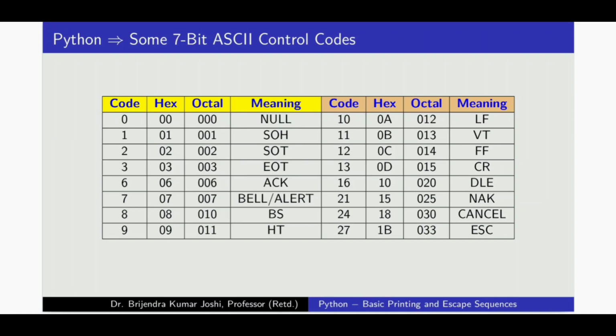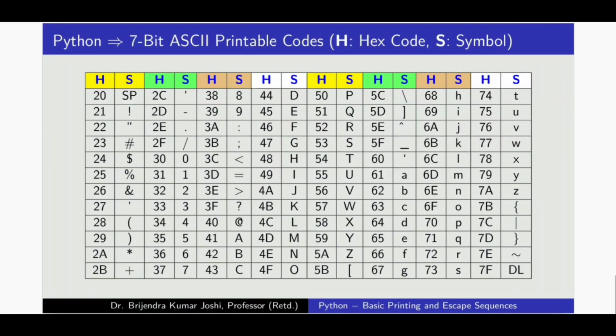Now, 7-bit ASCII printable codes. This is a table which you can find anywhere on the internet, in a number of places. SP stands for space. This is hexadecimal, just to save space. I have not shown the octal equivalent, which you can find out yourself. Now you can pay attention. 30 is the 0 symbol.